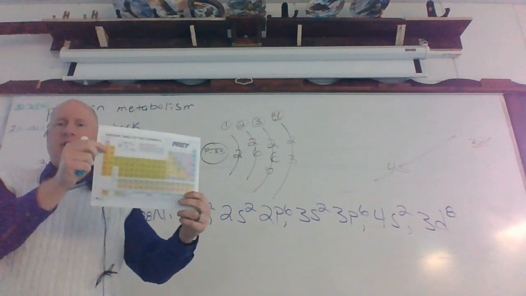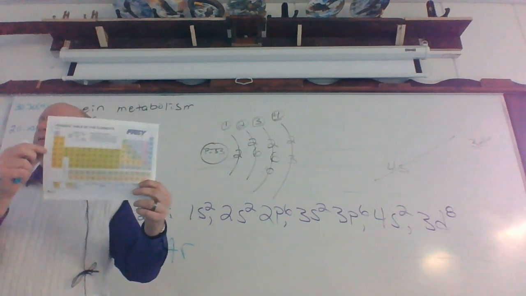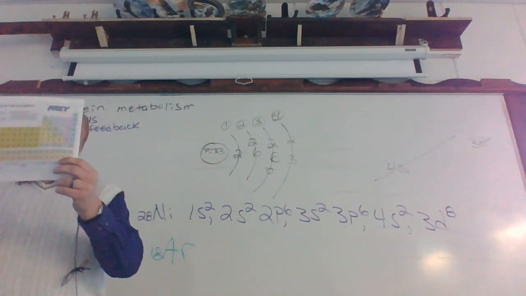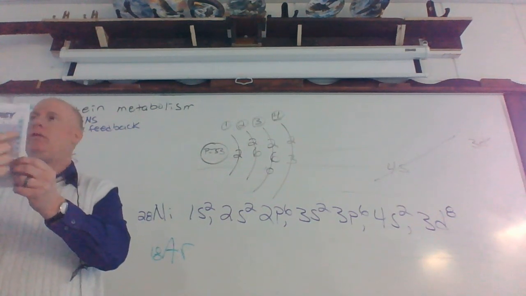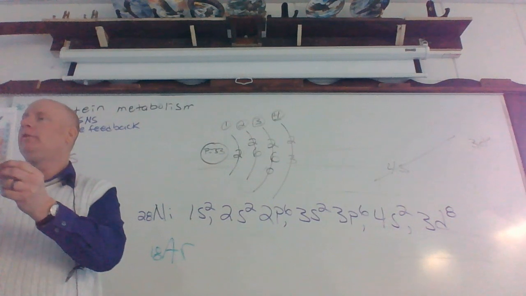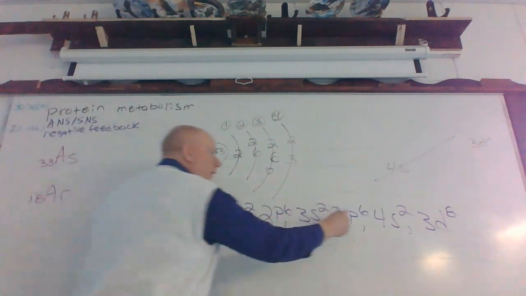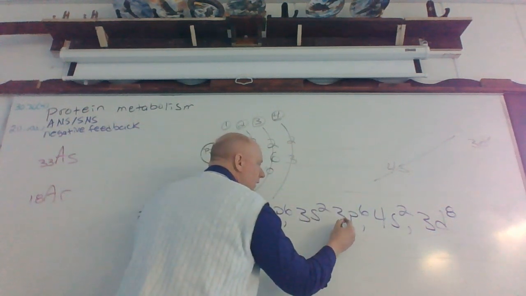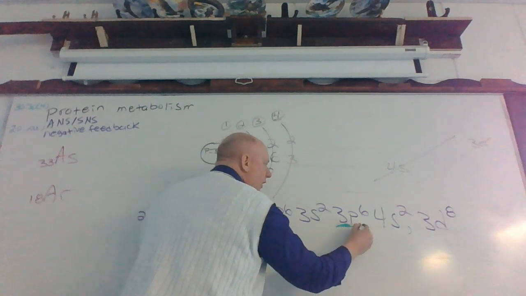Remember, these are your periods all the way over here, and it labels them for you on this table. Argon is in which period? 3. And what block is this over here? It's the P block. So we're already up to this right here because you correctly told me argon is in this period and this block.